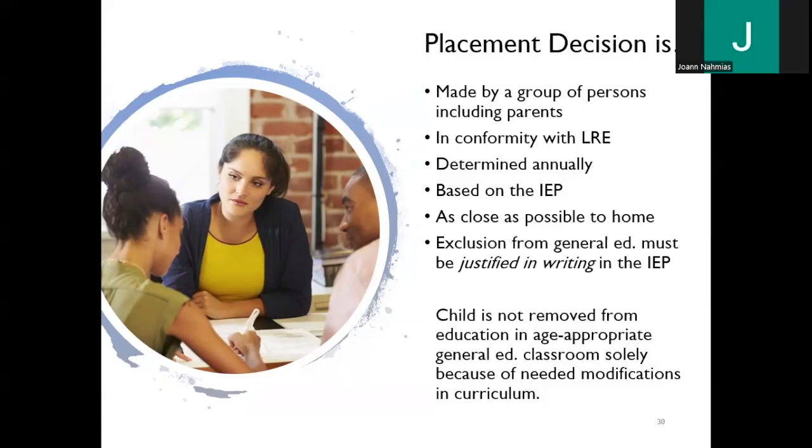The placement decision is reviewed annually and is based on the student's current needs. Whenever possible, the placement should be close to the child's home. If a student is placed outside of general education, it must be justified in writing in the IEP. A child cannot be removed from general education just because they need curriculum modification.